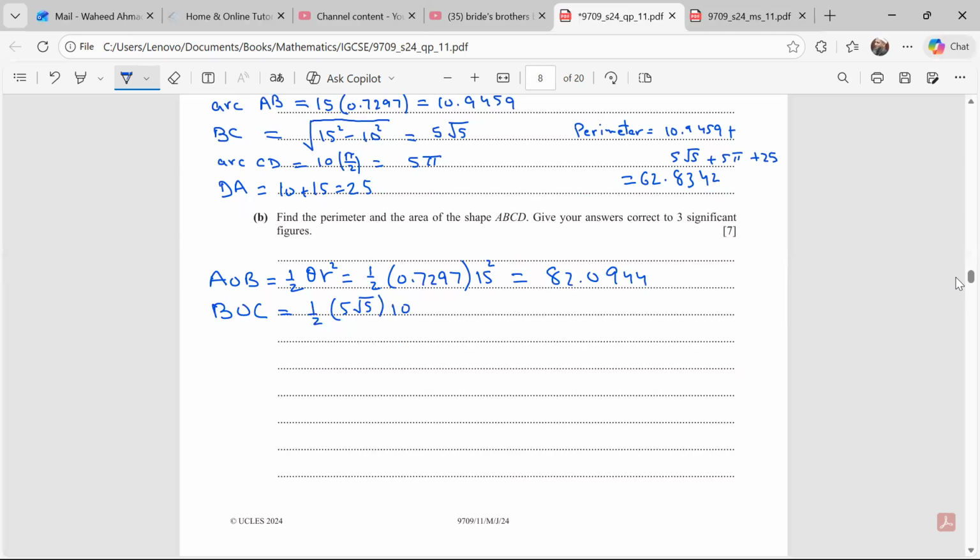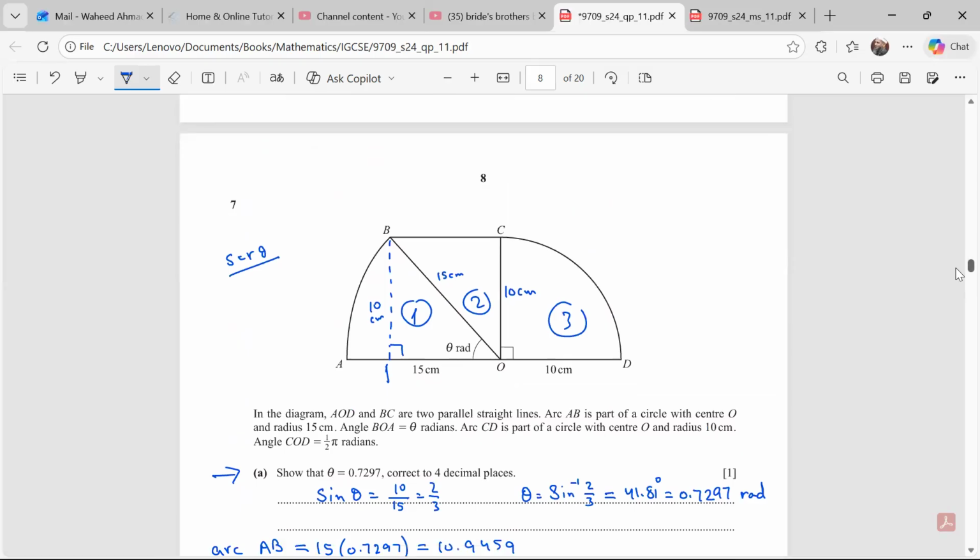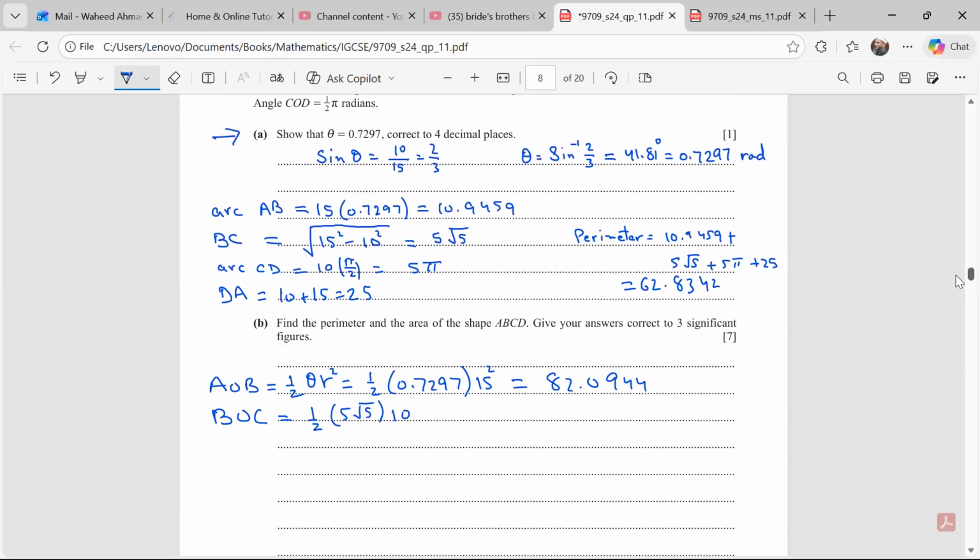Is it clear or no? Let us go visit it again. Yes, this altitude is 10, and this base is 5 root 5. We already found that, and this is all we need. This comes out to be 25 root 5.